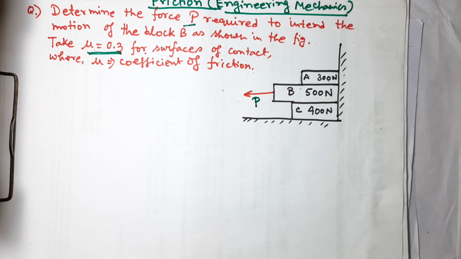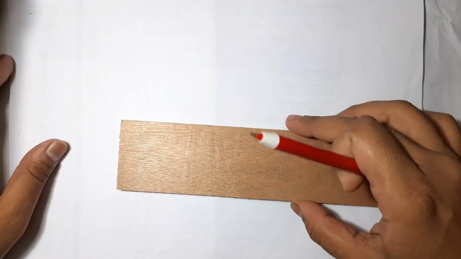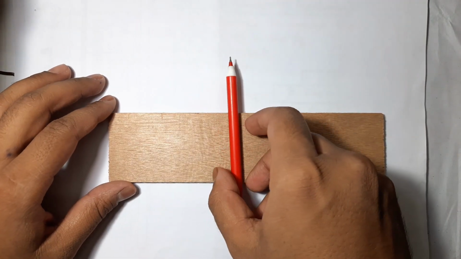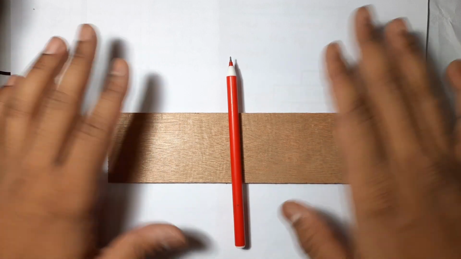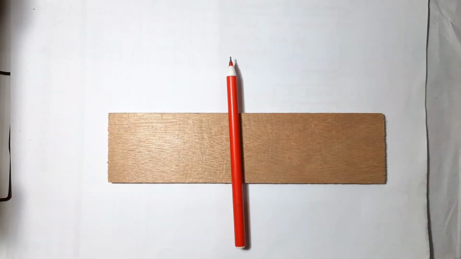Now you have to know one thing, so try to understand the concept. For example, suppose the pen is kept on this wooden surface, right?